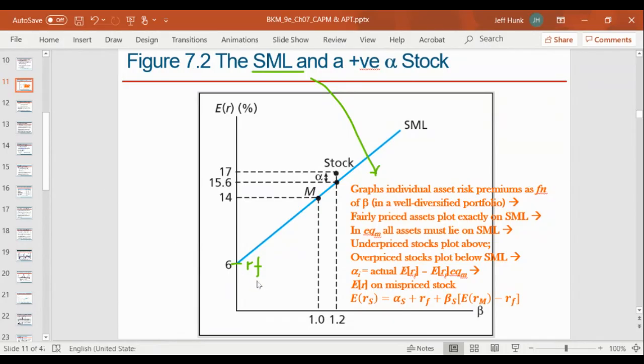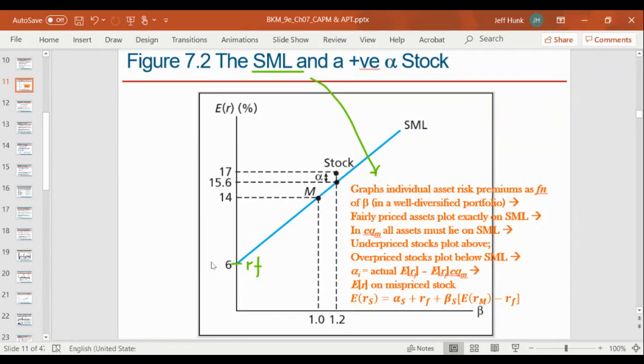If the vertical axis is the excess return, then the security market line should start from zero. In other words, there should be no risk-free return, because it's excess return, and the excess return of the market portfolio is zero when beta is zero, right?